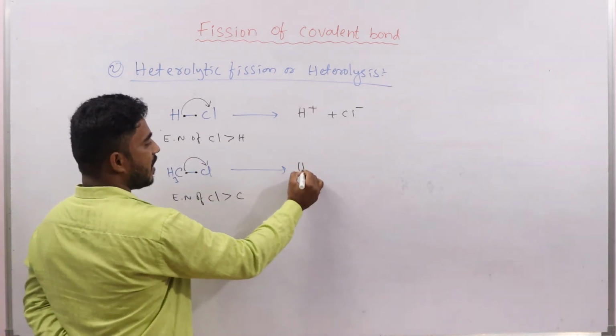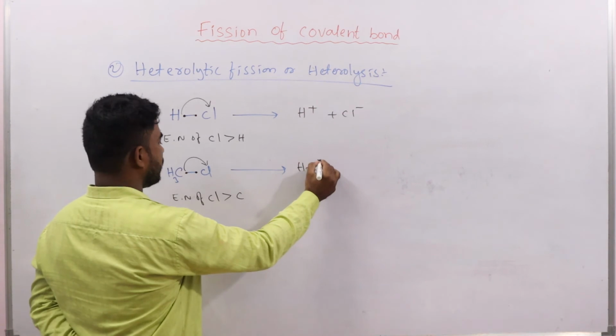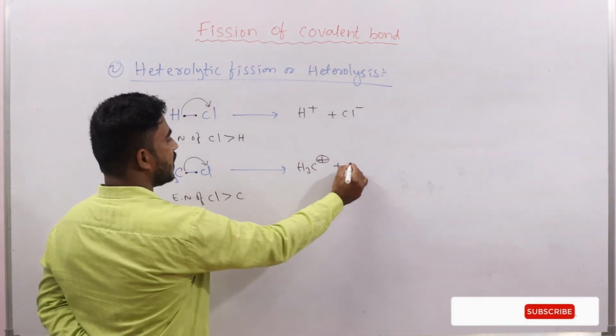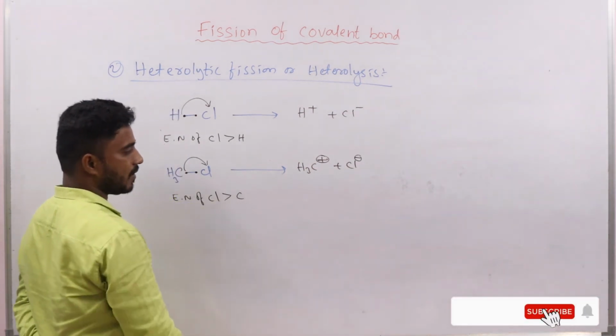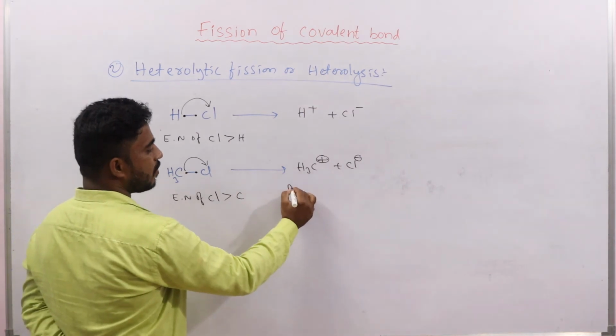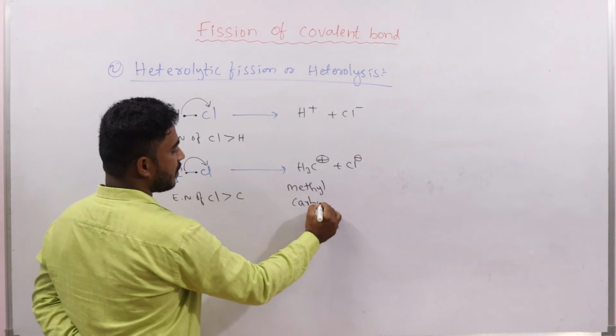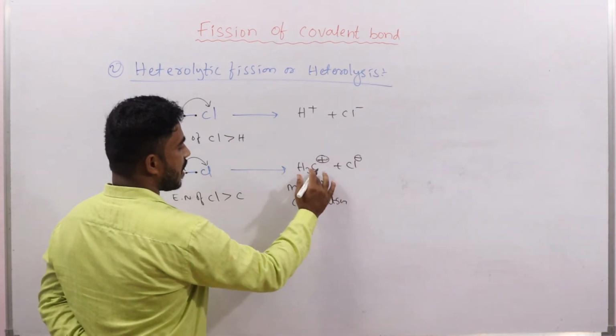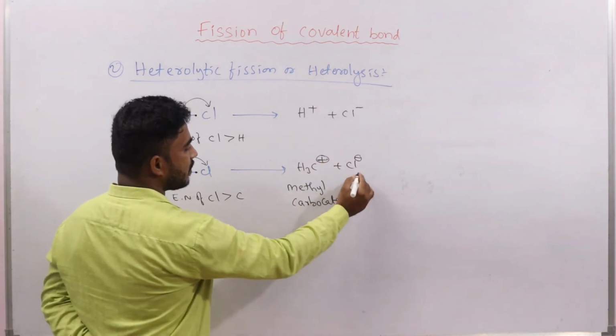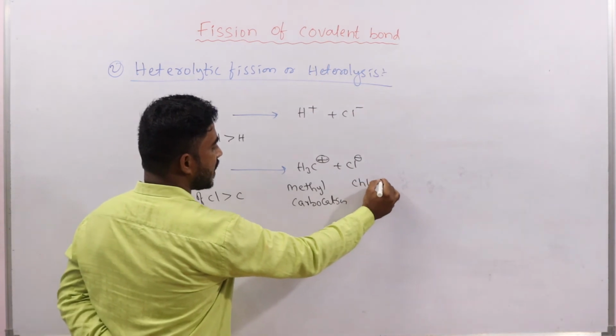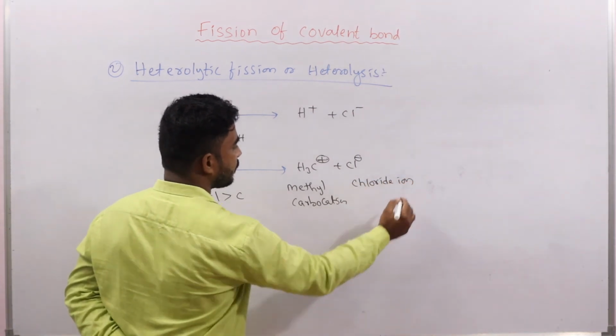Then we get CH3 plus and Cl minus. This is called a methyl carbocation, because carbon carries a positive charge. Cl minus is the chloride ion.